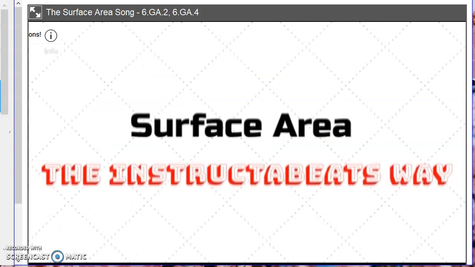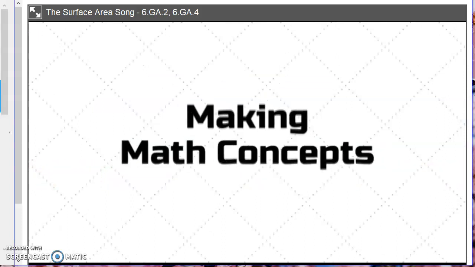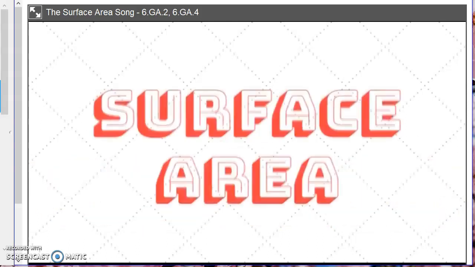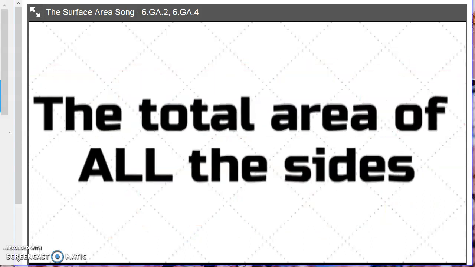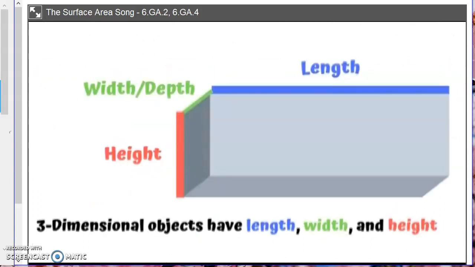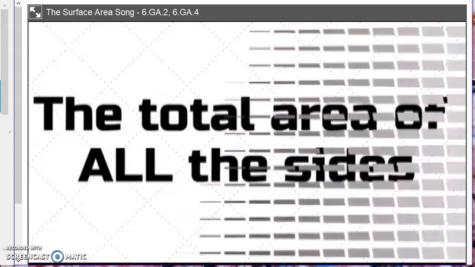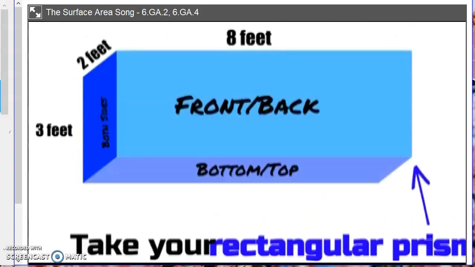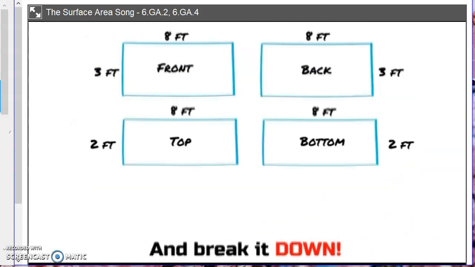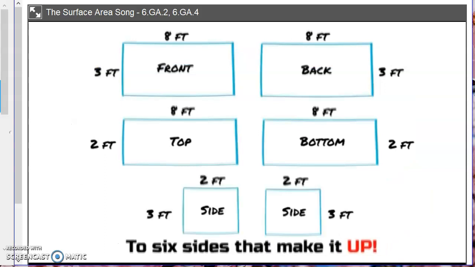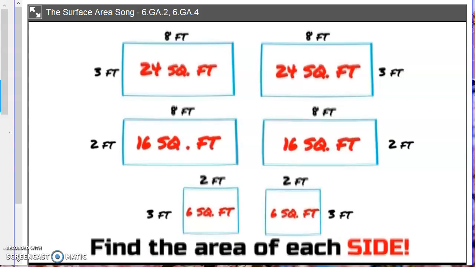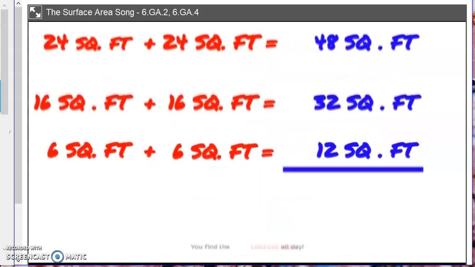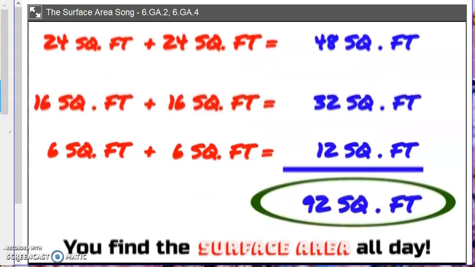Surface area, the InstructaBeats way, making math concepts child's play. First you gotta know your mission, know the definition of surface area. The total area of all the sides of a three-dimensional object. Take your rectangular prism and break it down to the 6 sides that make it up. The formula of area is a guide. Find the area of each side. Take what you find and add them up for the sum. You find the surface area all day.